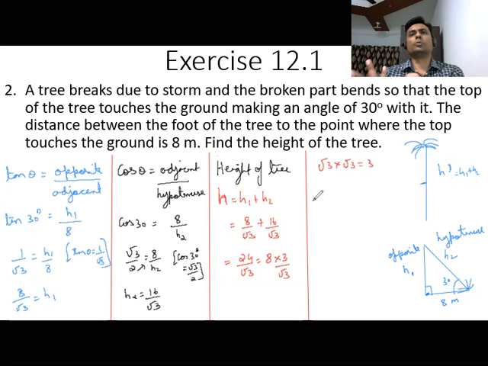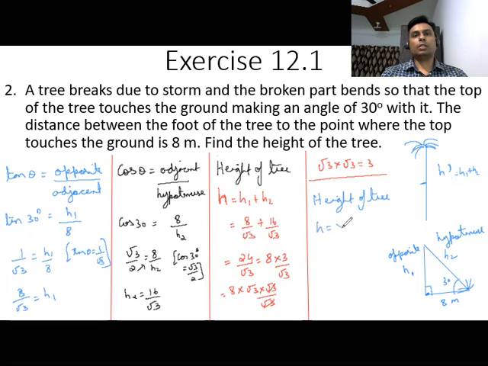So I can write this as 8 into root 3 into root 3 divided by root 3. So root 3 will get cancelled. Therefore, I have the answer: height of tree h is equal to 8 root 3 meters.